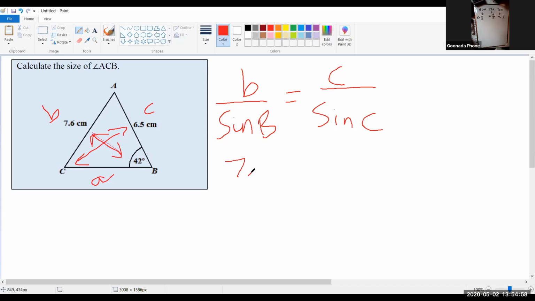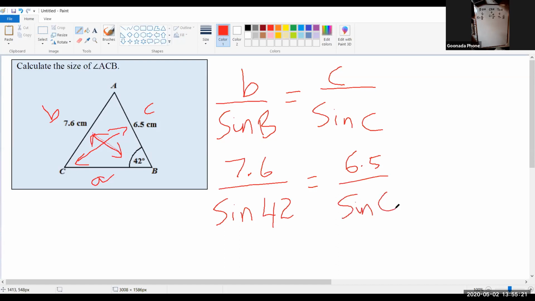So 7.6 all over sine, and what is B? And 42? So sine 42 equal, what is C? 6.5 all over, we don't know what sine C is, so we just write back sine C. What is the next step? Anybody can tell me what's the next step?